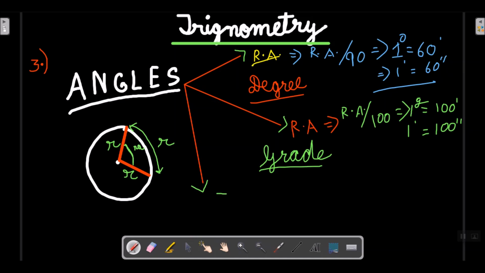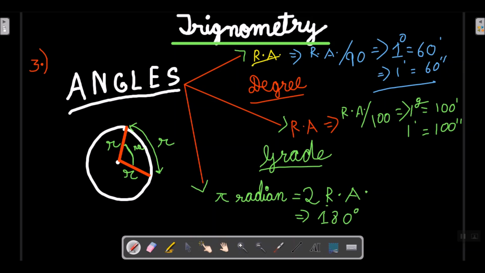We have known that pi radian is equal to two right angles. We know that one right angle is 90 degrees, so two right angles we call 180 degrees.